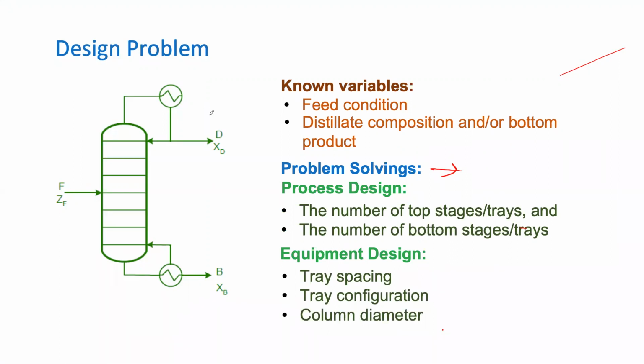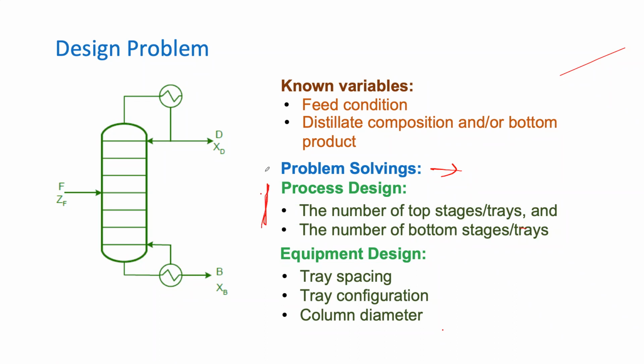Okay, so again, this is the design problem. This is a distillation column. You have the feed, you have the distillate, you have the bottom. Can you see my screen in full screen? Yes. Okay, good. Right, and what we're gonna do is the process design.